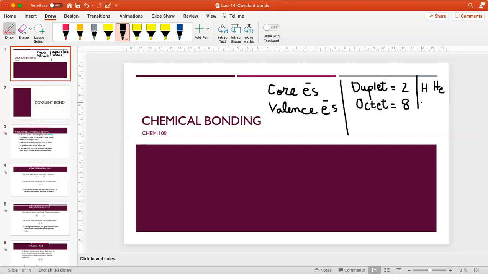The rest, the majority of the non-metals or metals, obey the octet rule.